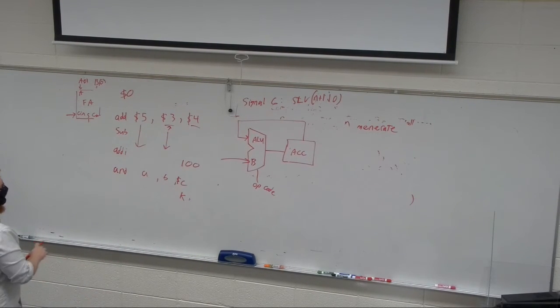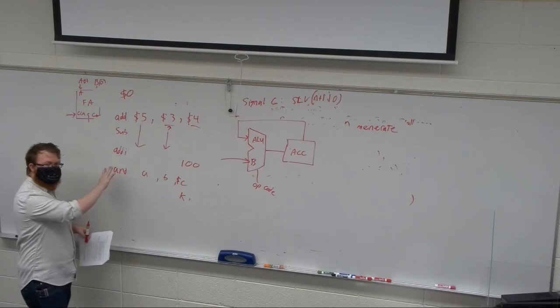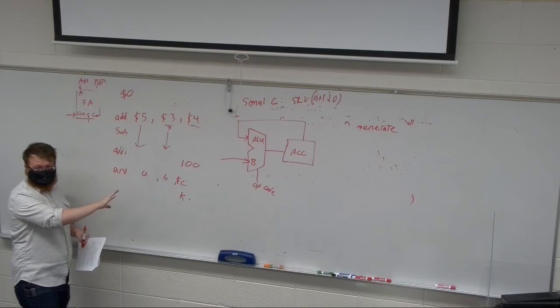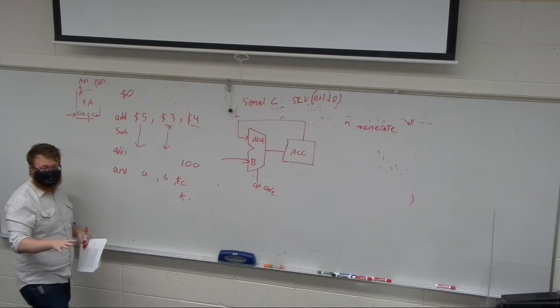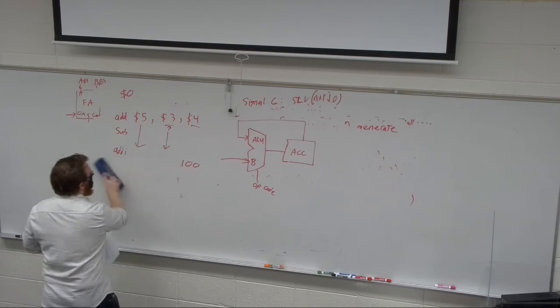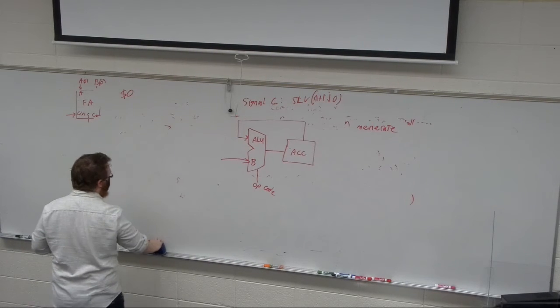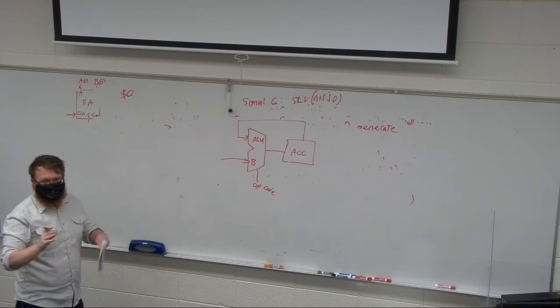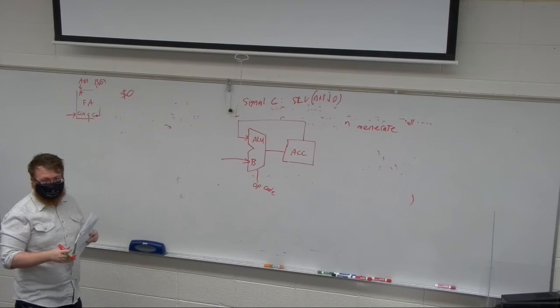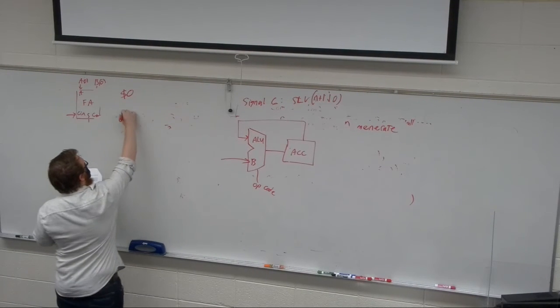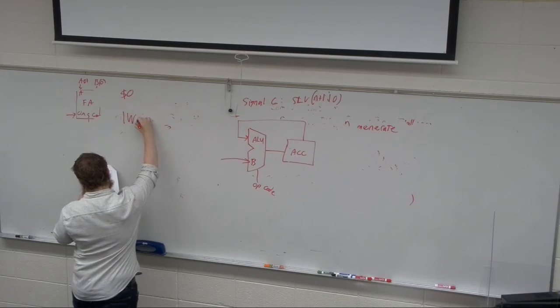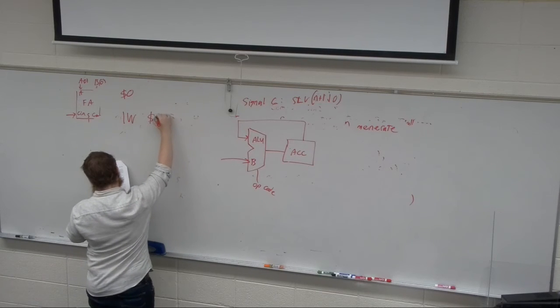Now, all of these are storing in registers, not in memory. If I want to store something in memory, I have to explicitly call out save or load. So you could say something like LW, the register.